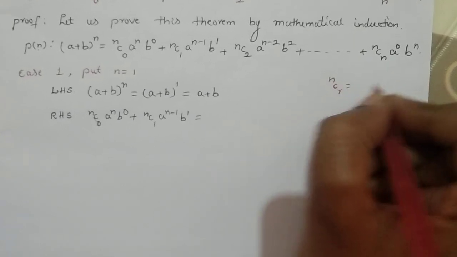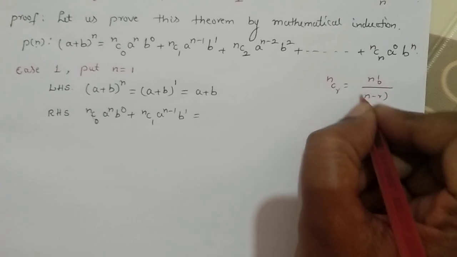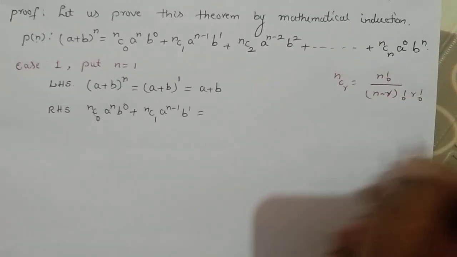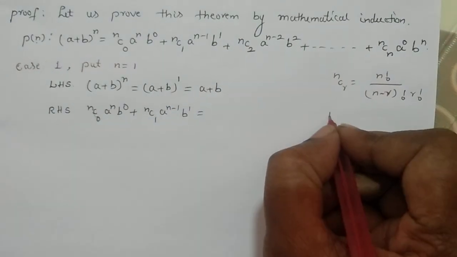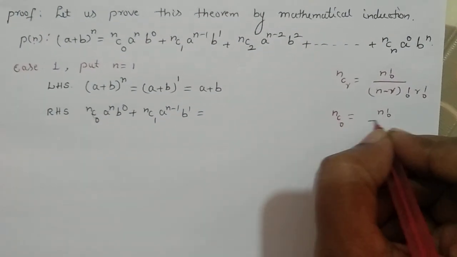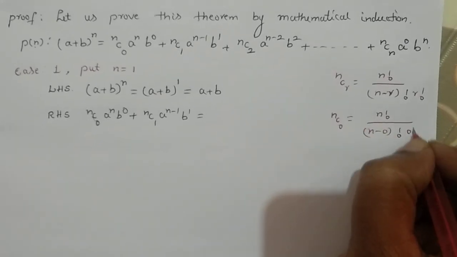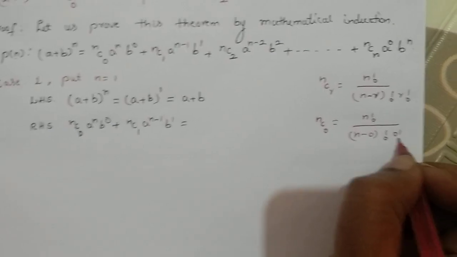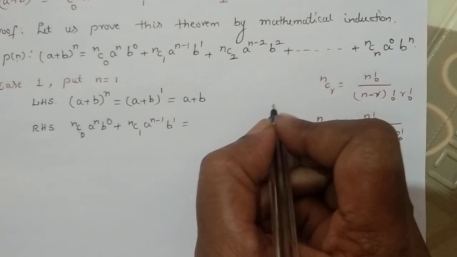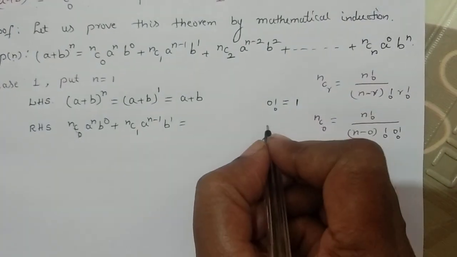We know the nCr formula: n factorial divided by (n minus r) factorial into r factorial. If I substitute here nC0, that is n factorial by (n minus 0) factorial into 0 factorial.